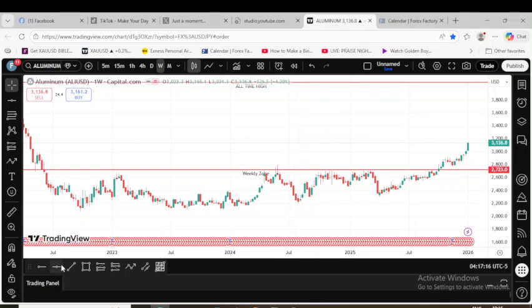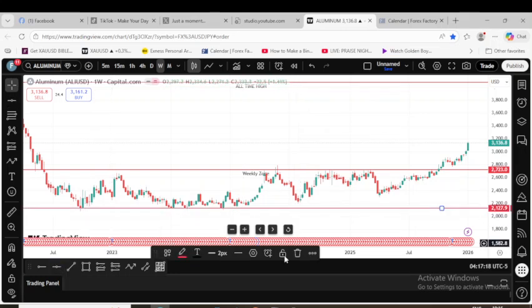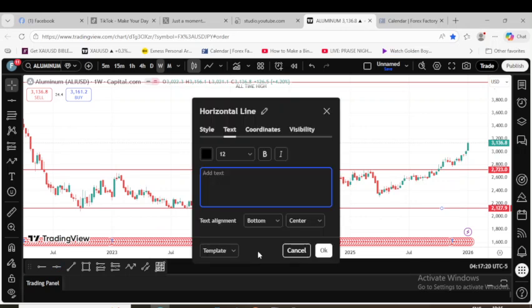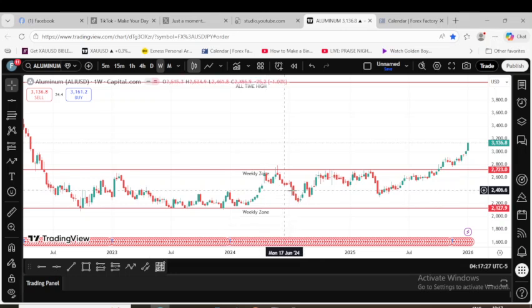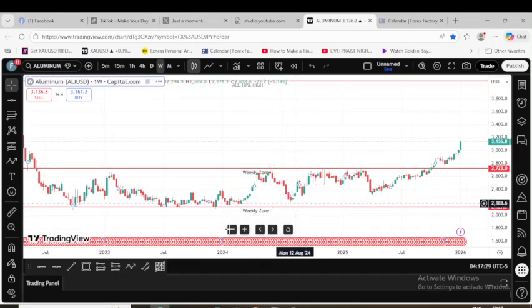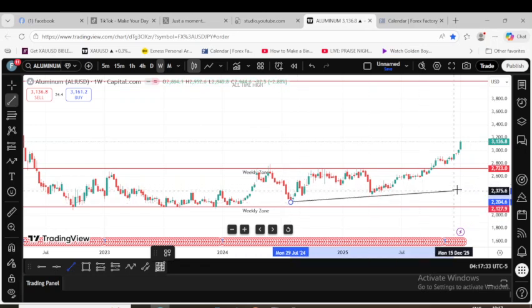Here we have another weekly zone. And then we have a trend line that can be drawn across these 2 points.